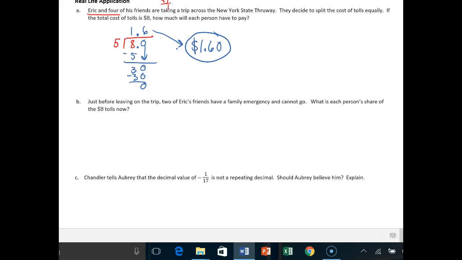So just before leaving the trip, 2 of Eric's friends have a family emergency and cannot go. What is each person's share now? So instead of dividing by 5 now, because 2 of them leave, we're left with, all right, 5 minus 2, we're left with 3 friends to divide $8. So 3 into 8. So 3 goes into 8 2 times, which is 6, with 2 left over. So decimal, 0, bring it on down. 3 goes into 20 6 times, that's 18. 2 left over, decimal, 0. 3 goes into 20 6 times, that's 18.